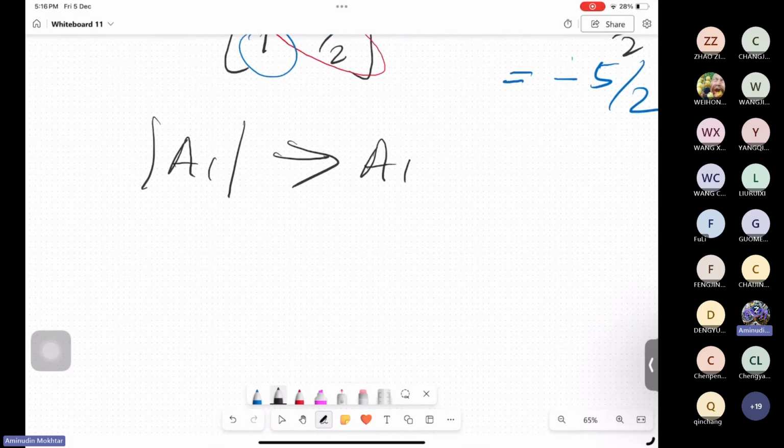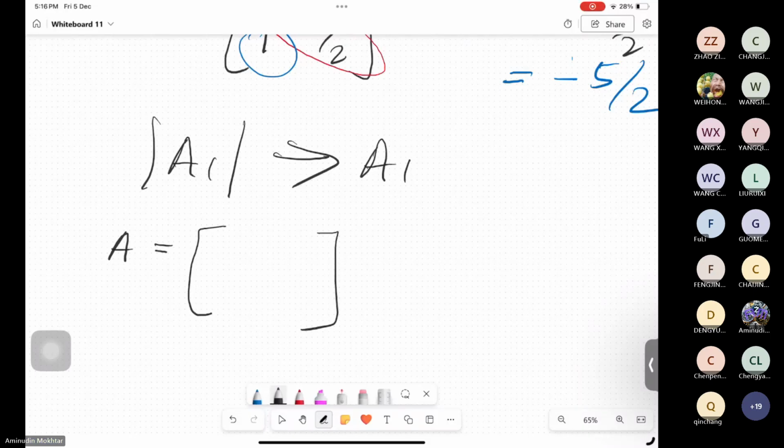What is A1? Matrix A1 can be generated from matrix A. That is crucial, so I hope you can pay attention here. Again, the matrix A1 comes from the matrix A. What is matrix A?